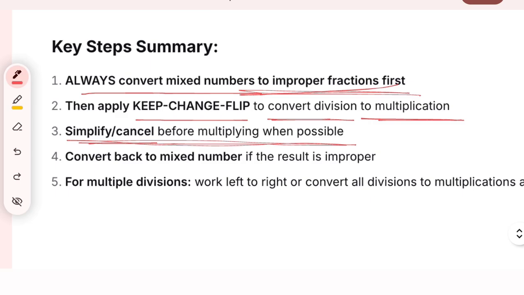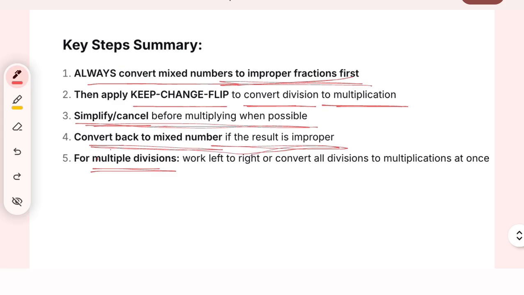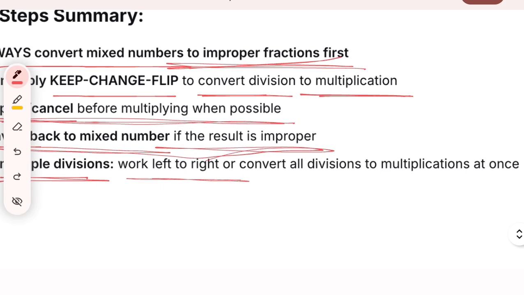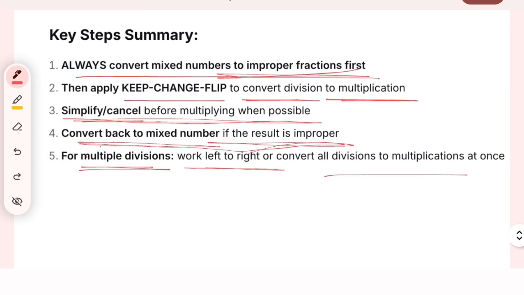And once you have multiplied them, you need to convert back to a mixed number if the result is an improper fraction. For multiple divisions of fractions, you need to remember to work from left to right. Divide from the leftmost fraction to the rightmost fraction and convert divisions to multiplications at once. So those are just some key steps in the division of mixed numbers.